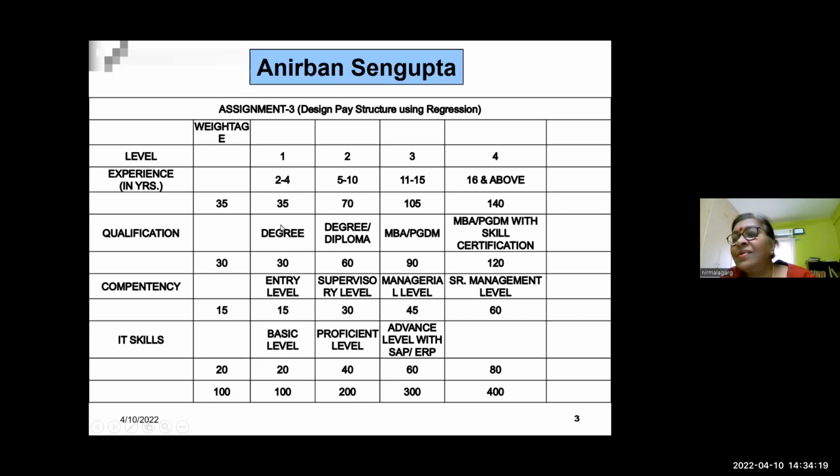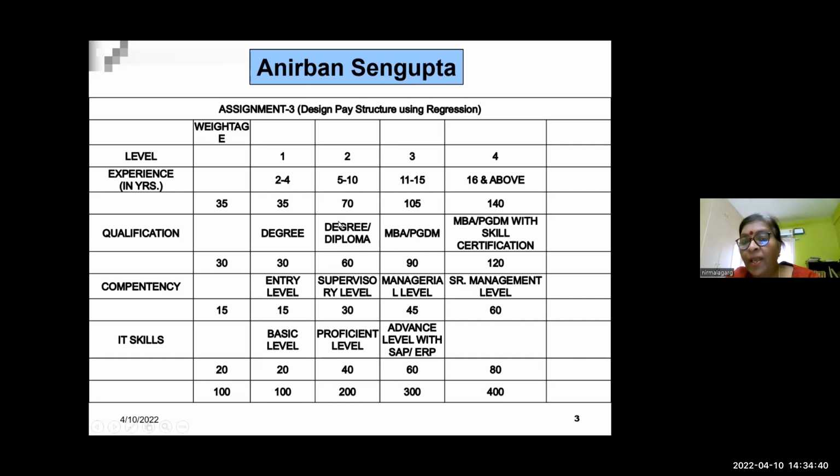Otherwise, a guy with a degree is getting 30 points, and when you again say degree or diploma, he will get 60 points. But both are essentially the same. So why should there be a difference of 60 points unless there is a higher degree of education? Got it?